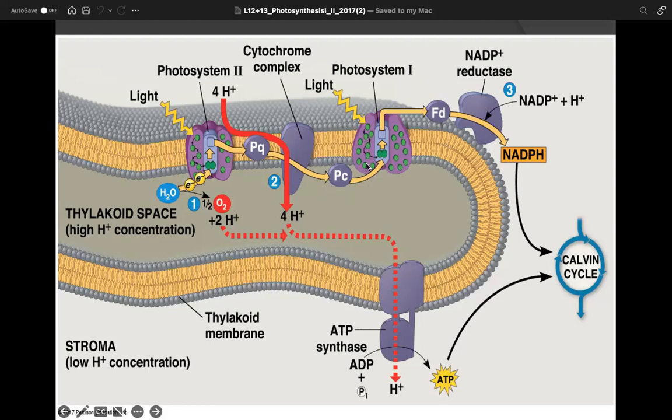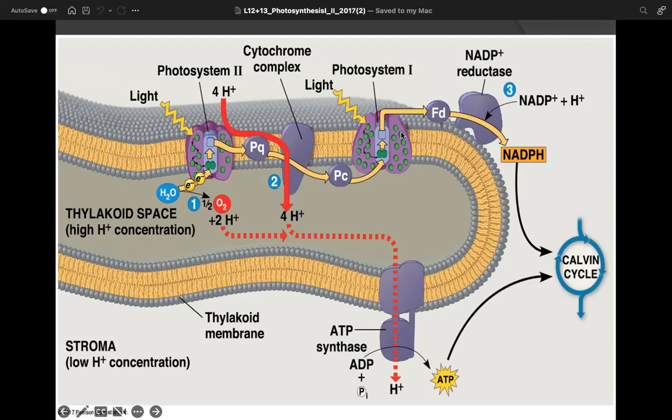While our low energy electron comes, more light comes too. So our electron is going to become re-excited by another photon. This time, this high energy electron is bouncing around the chlorophyll P700. It's going to go to another primary electron acceptor, and then into another electron transport chain.